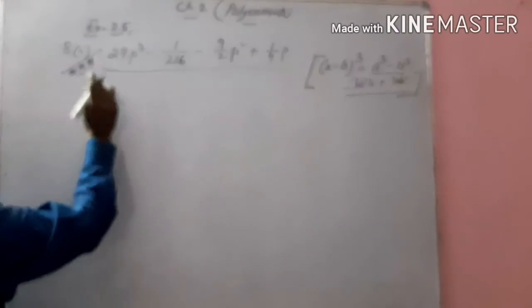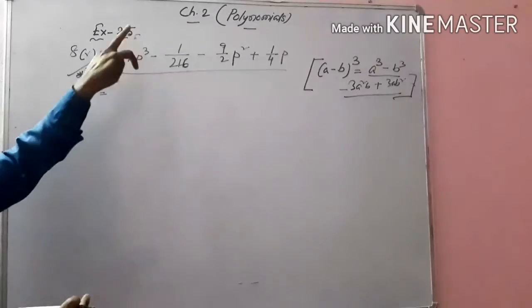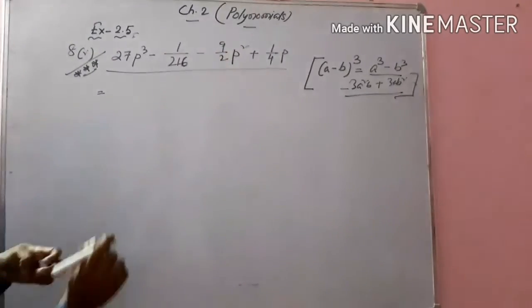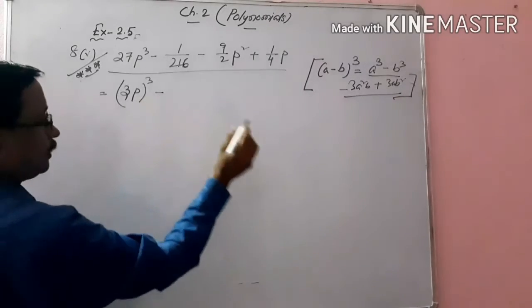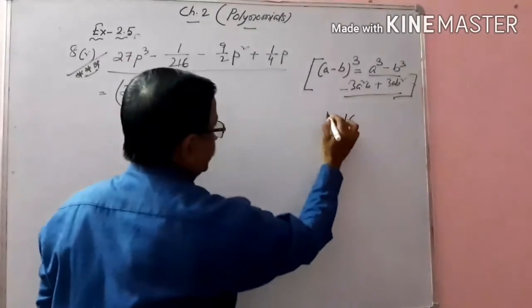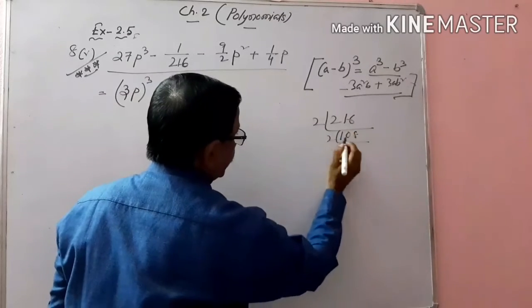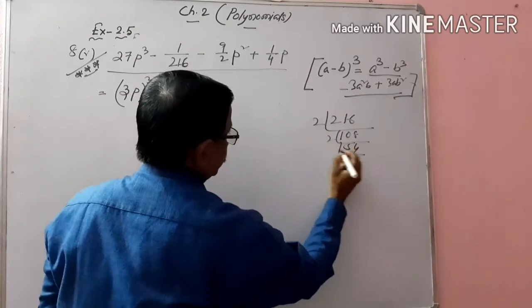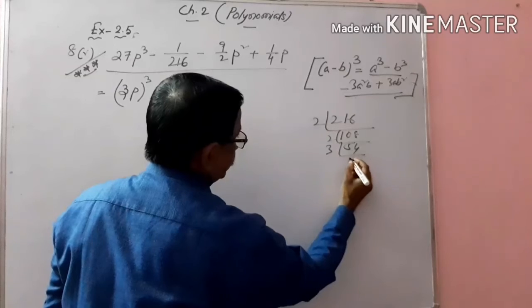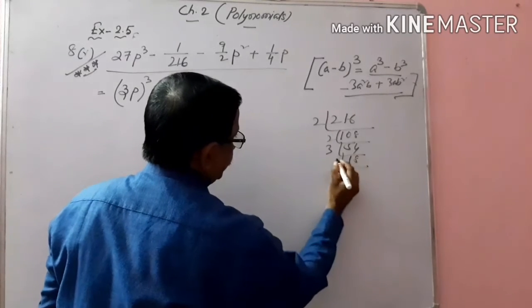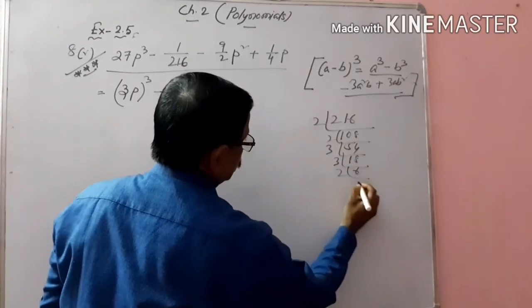Okay, as it is 27 p cube, how can you break it into cube form? 27 cube form, there is 3. P is there, you write in cube form. Then 216 is there, you break it into cube form. 216 by 2 is 108, then again by 2, 54, then by 3, that is 18, then by 3, 6, 2, 3.